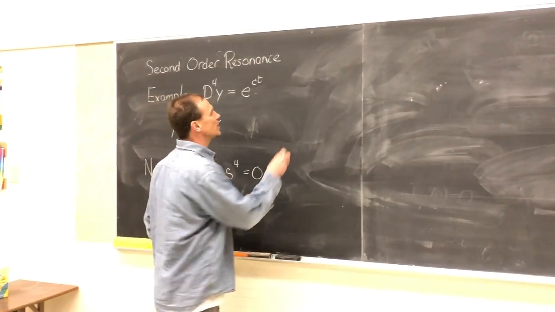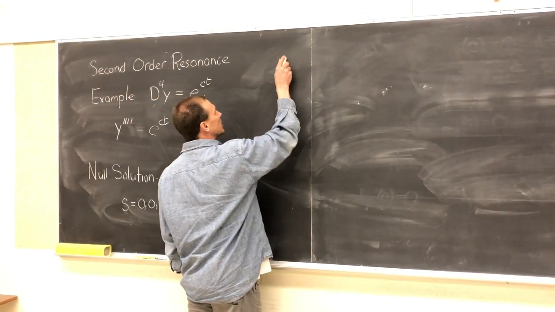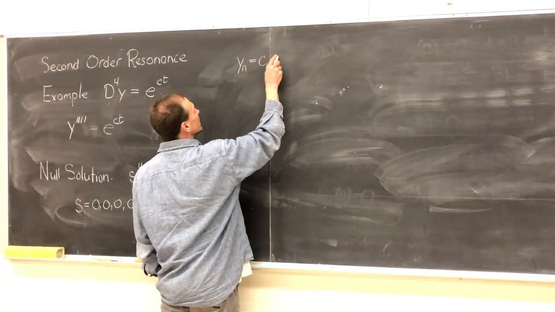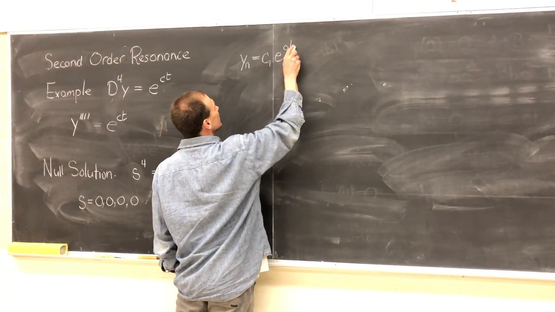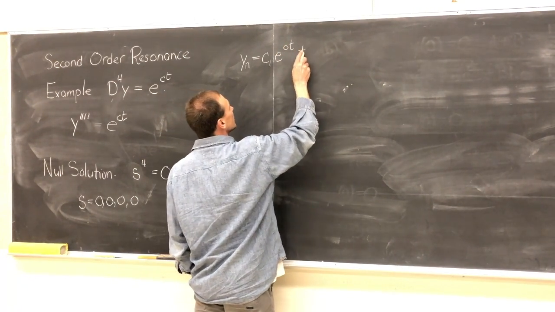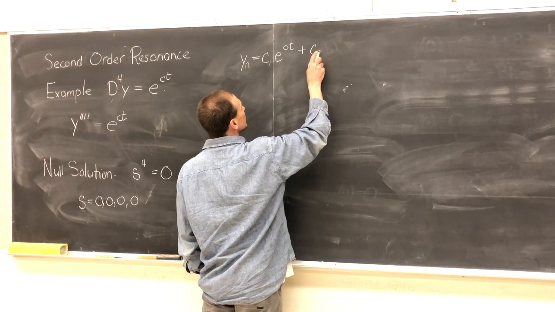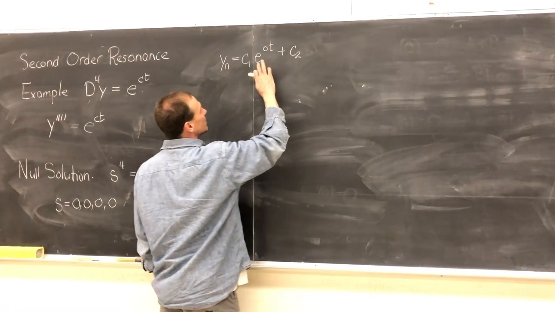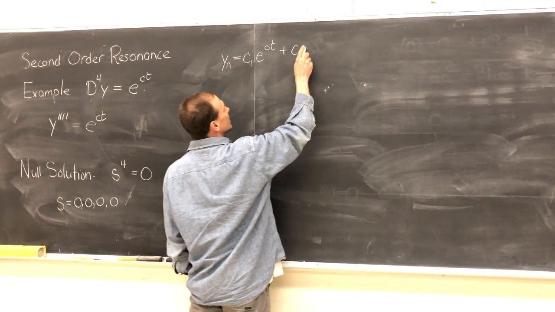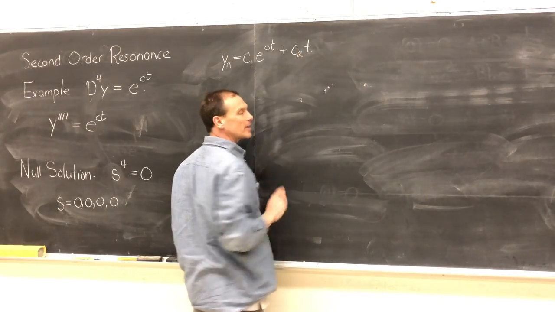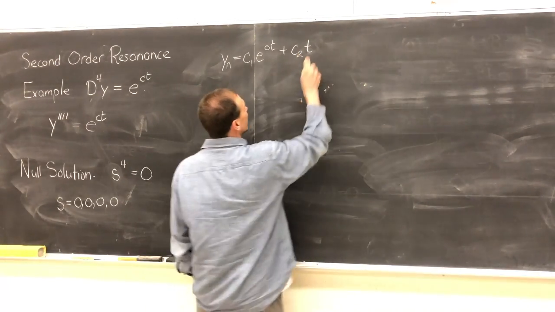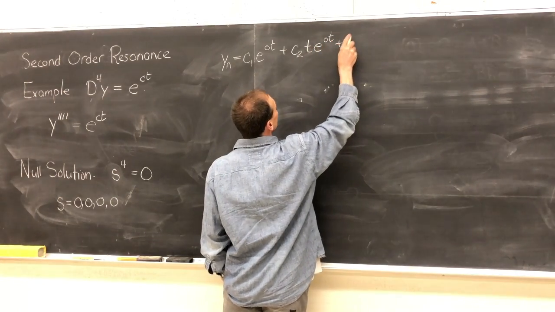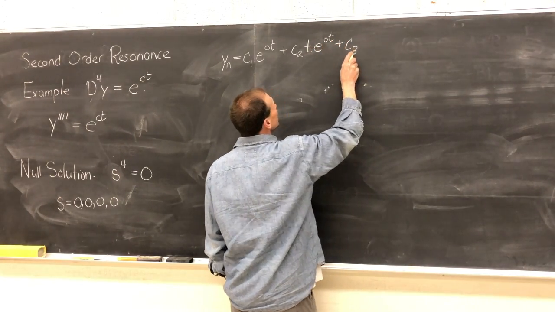So now I can write my null solution as c1 e to the 0t plus c2. Now I can't use e to the 0t because I already did. So to make the second solution, we have a factor of t, and then we have e to the 0t plus c3.